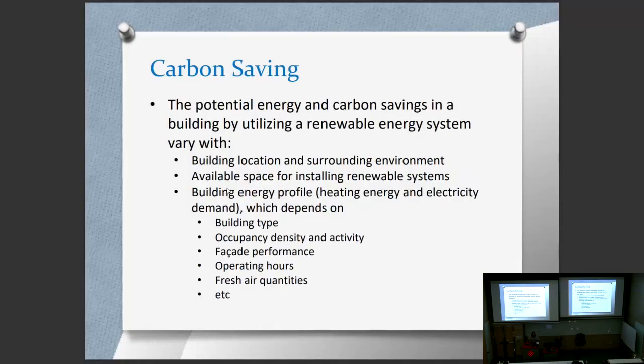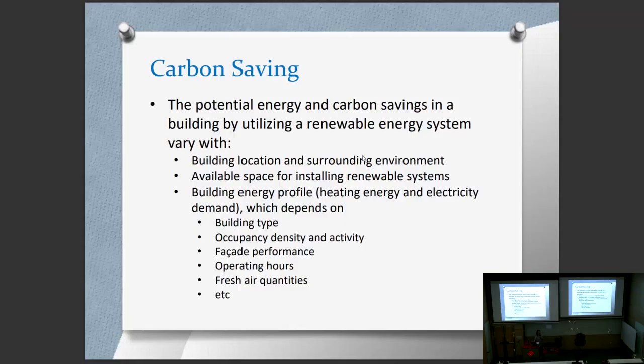Okay, the potential energy and carbon saving in a building by utilizing a renewable energy system may vary with different building location and surrounding environment. For example, you want to utilize PV panel, harvesting the solar energy and then convert it into electricity.